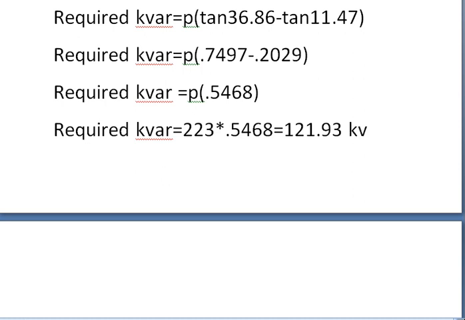If you would like to increase your power factor from 0.80 to your target value 0.98 and your total load is 223 kilowatt, you must add 121.93 kvar in your circuit.